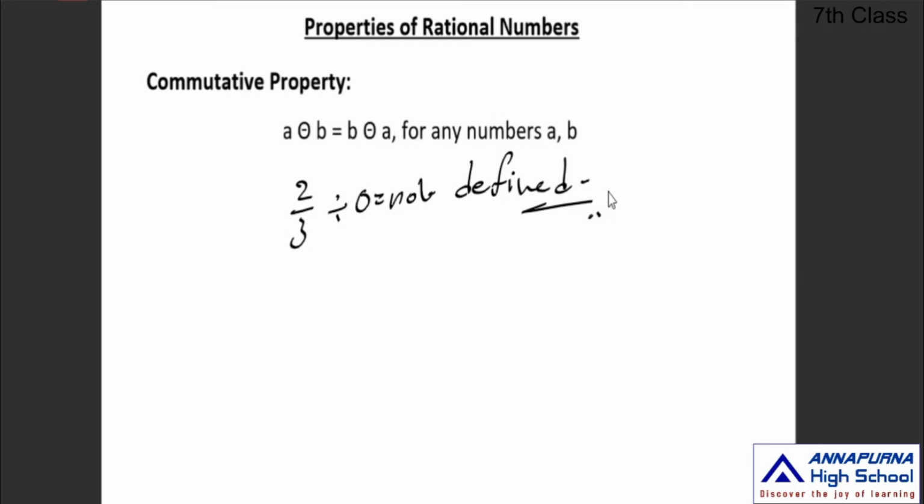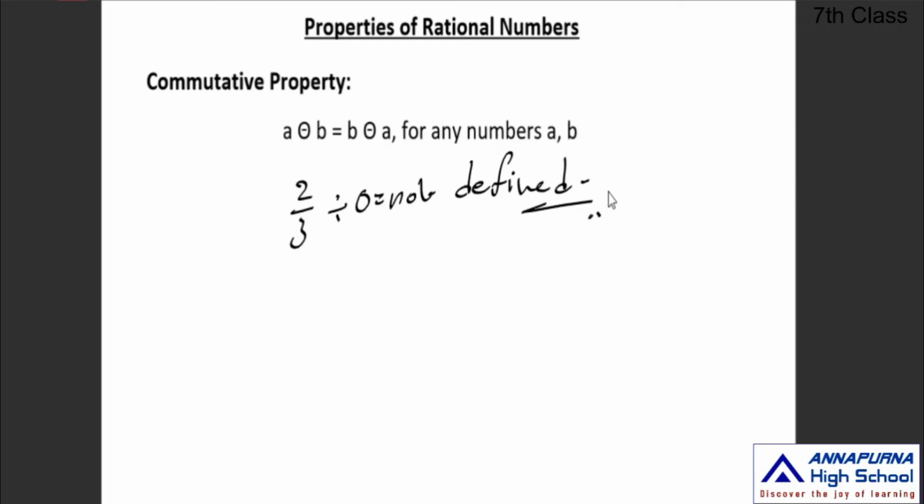So this is the commutative property, and the collection of rational numbers satisfies the commutative property with respect to addition and multiplication only. Not only the rational numbers, before that we have some more collections like integers, whole numbers, natural numbers. The collection of integers also does not satisfy the commutative property with respect to subtraction and division, and the whole numbers and natural numbers also do not satisfy it with respect to subtraction and division.